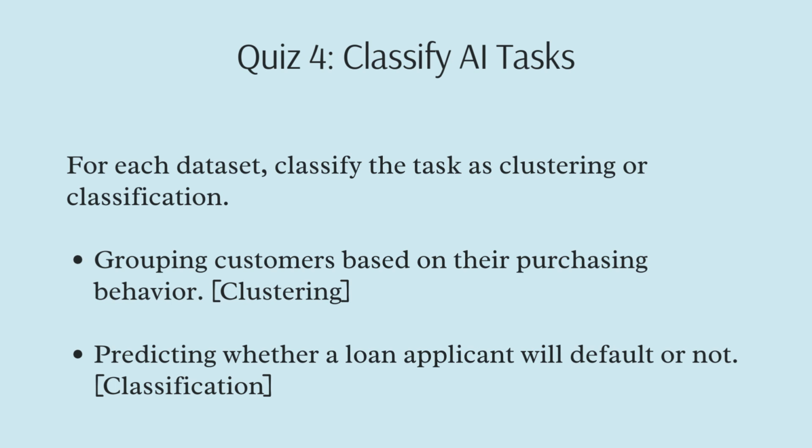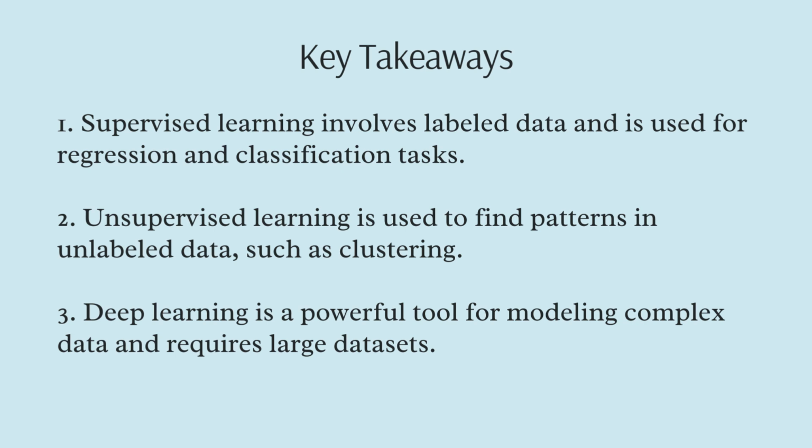To wrap up, here are the key takeaways from this module. Supervised learning uses labeled data to make predictions or classifications, with regression and classification being the main techniques. Unsupervised learning finds patterns in data without labeled outcomes, with clustering and dimensionality reduction being the key methods.